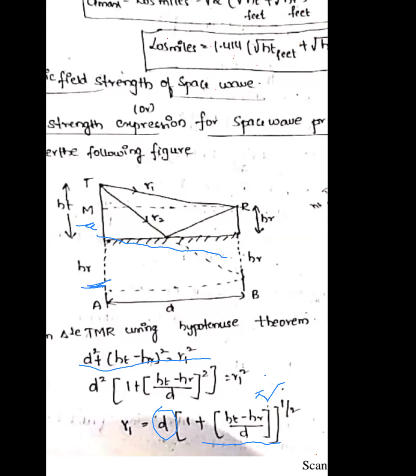Similarly, now see here, if you keep D on one side, this is 1 plus ((HT minus HR) by D) whole square, power half.